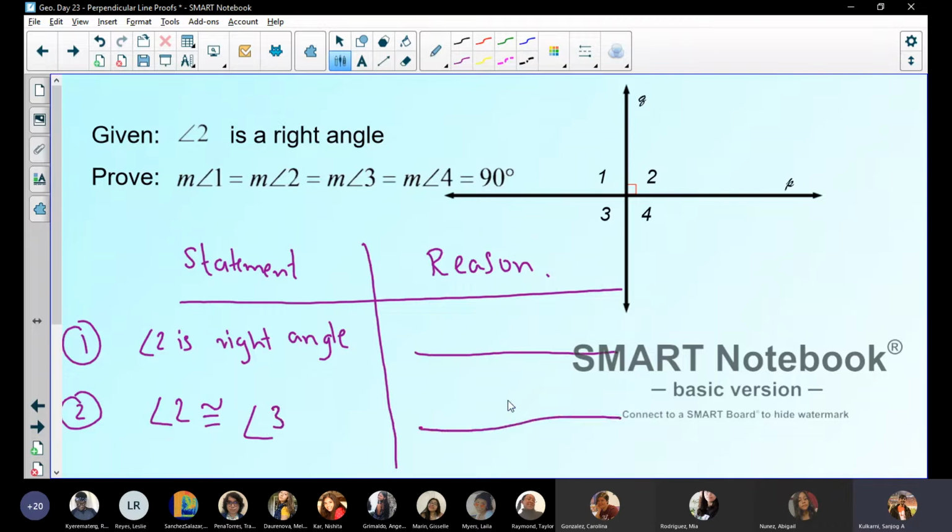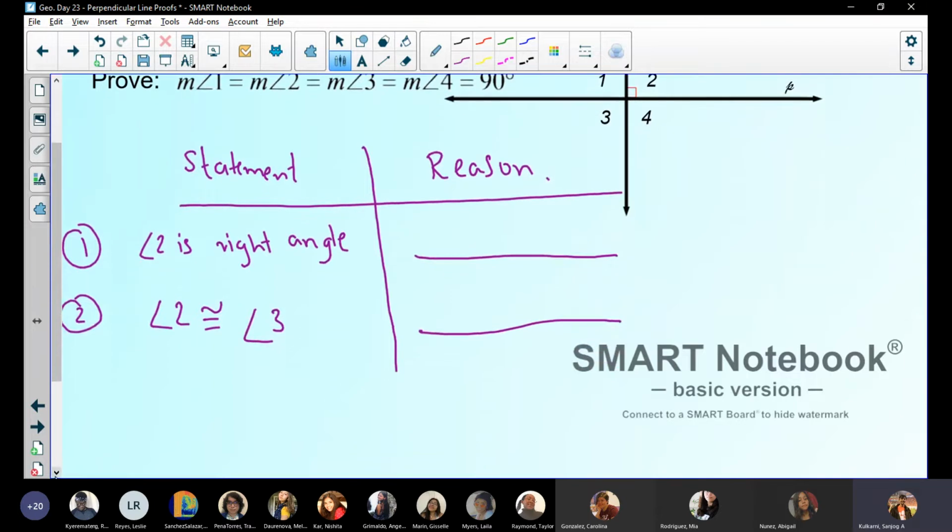Then fill up this reason. Then fill up this reason.